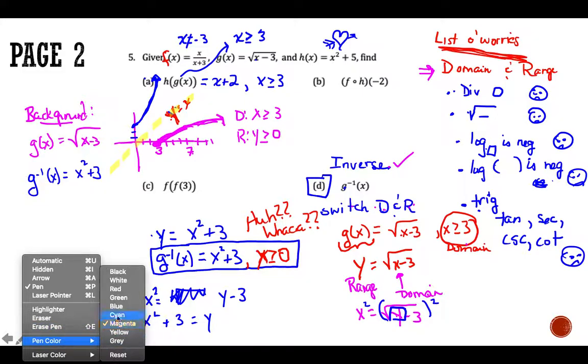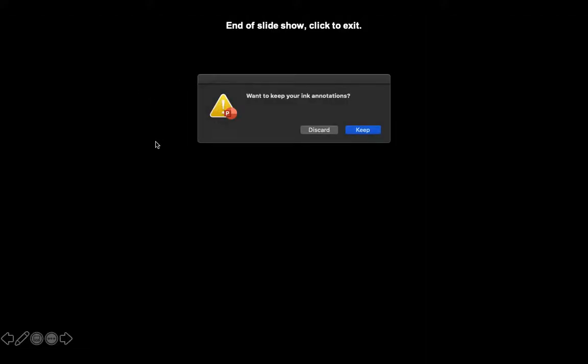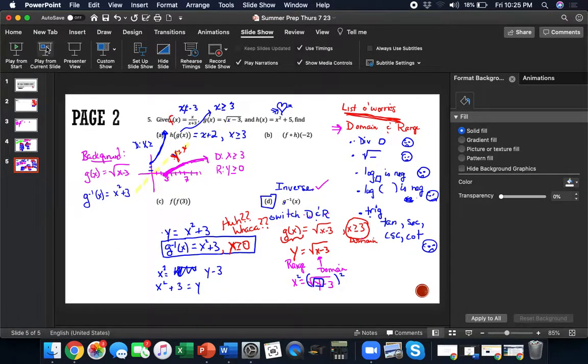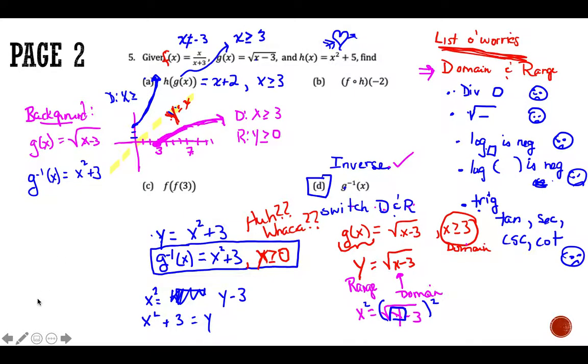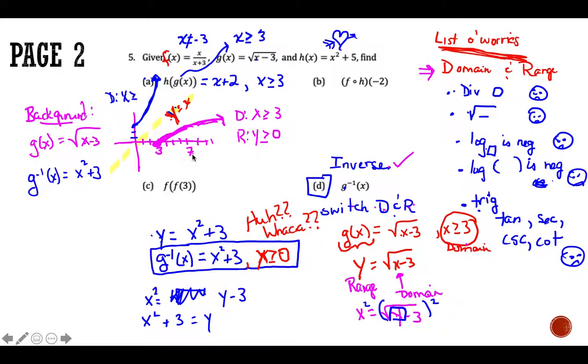So the domain of the blue graph is the old range. Right?